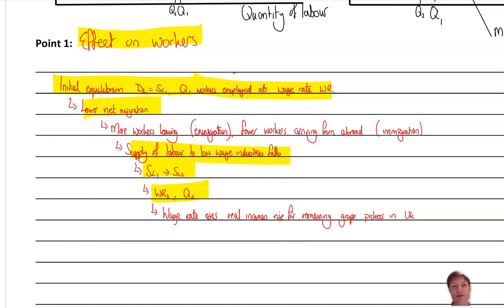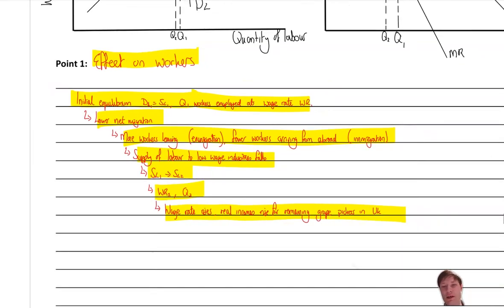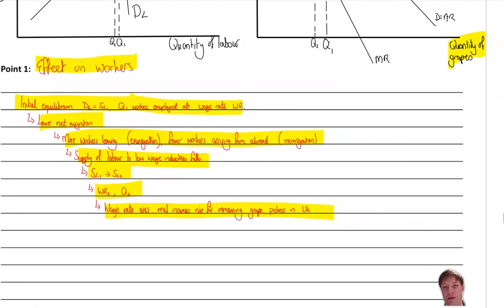The lower net migration is coming from Brexit, possibly the pandemic, lots and lots of issues there, but particularly Brexit and a lower exchange rate as well, meaning that it's less rewarding for workers from abroad to work in the UK. As a result, the wage rate will rise to WR2, and the real income for grape pickers in the UK will be rising as well. So if you want to get into grape picking, maybe now's the time.